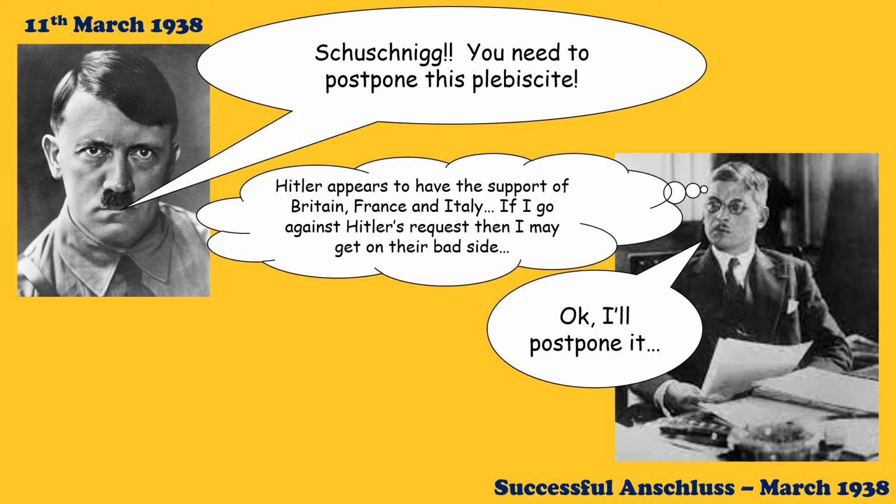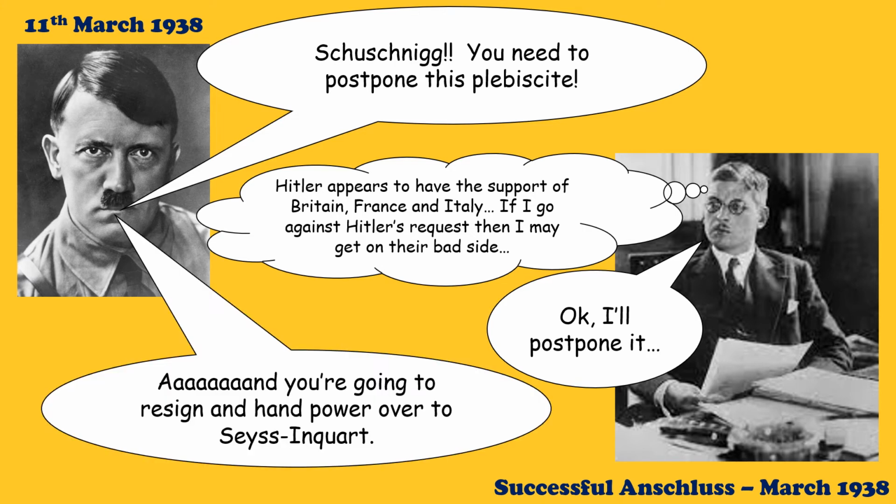So Hitler is like, boom, you played right into my hands there. So you've still got to make all those changes that I requested. And while we're at it, you're going to resign as well. And you're going to hand your power over to Seyss-Inquart. He's going to become the new Chancellor of Austria.